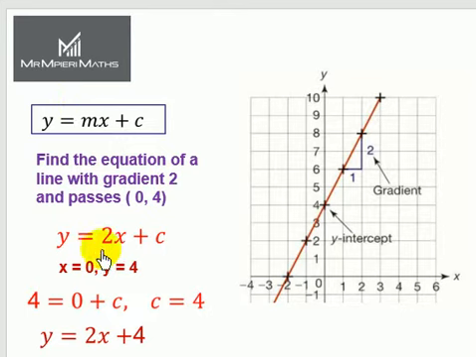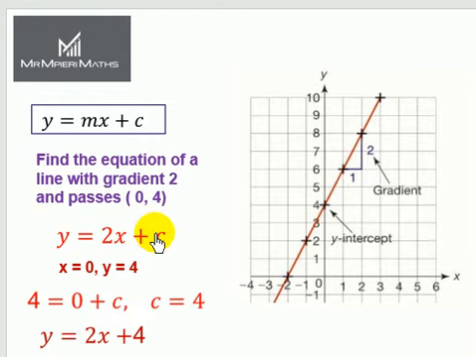So we have y equals 2x plus c. If you look here again, c is 4. If the graph is not given and you just see the question this way, if x is 0, c is 4. That's where the line passes through the y-axis. So basically you can just use 2x plus 4.